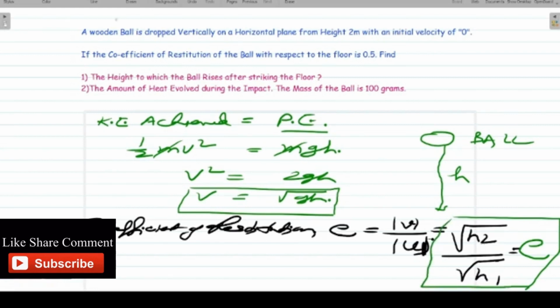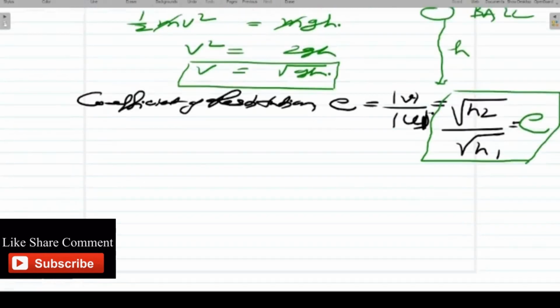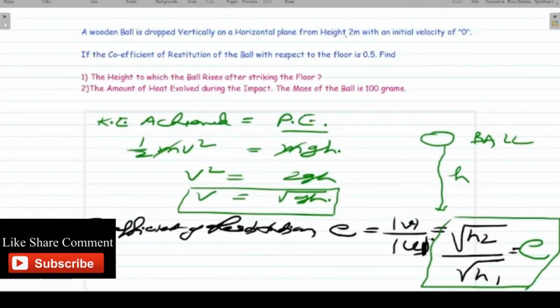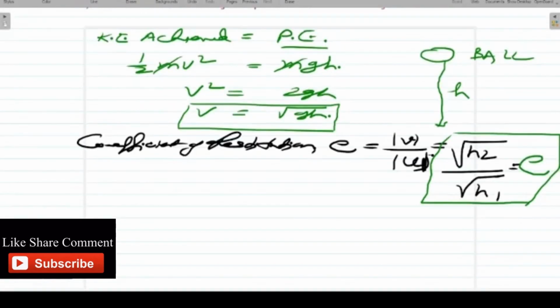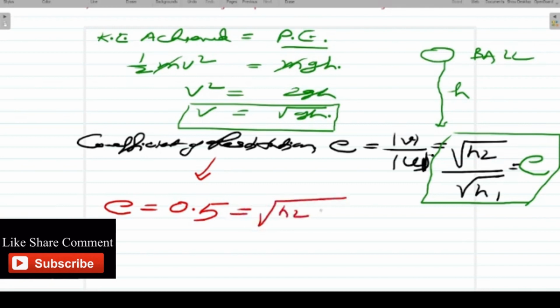Now the question is that a wooden ball is dropped vertically on a horizontal plane from a height of 2 meter. So h1 is given as 2 meter, with an initial velocity of 0. If the coefficient of restitution of the ball with respect to the floor is 0.5, we can write e equal to 0.5, which equals root under h2 by root under h1.